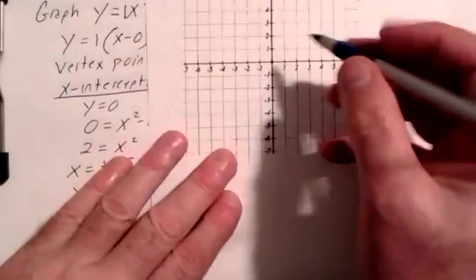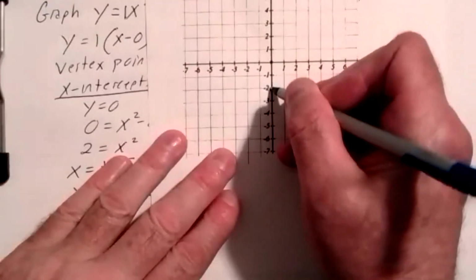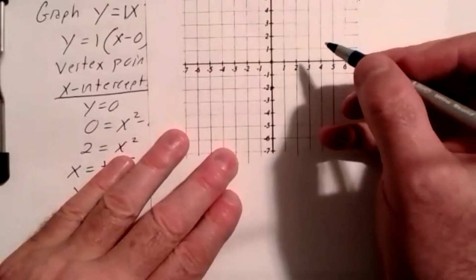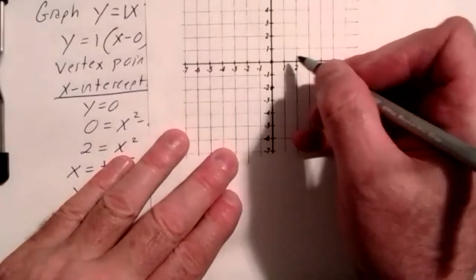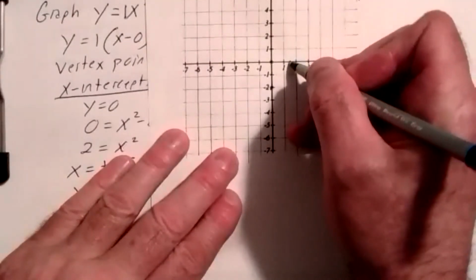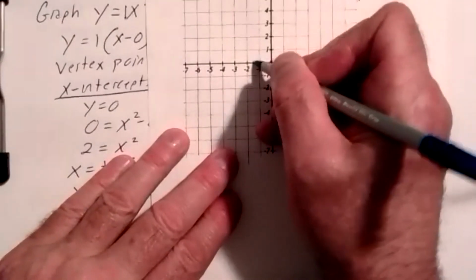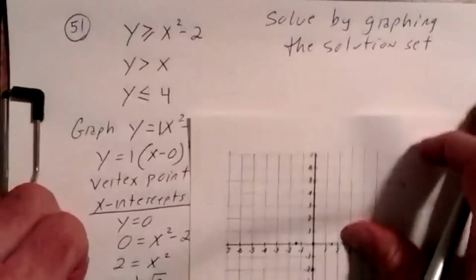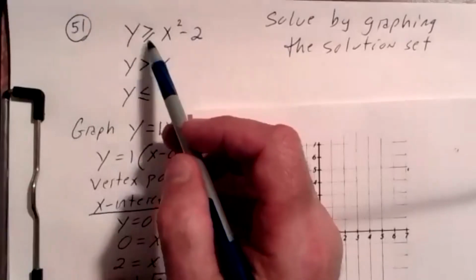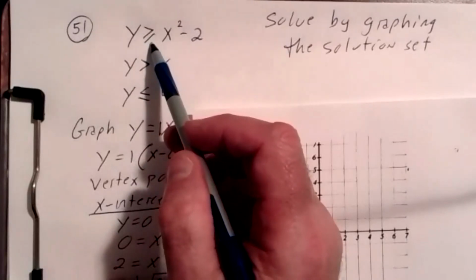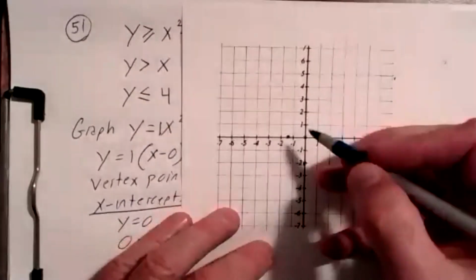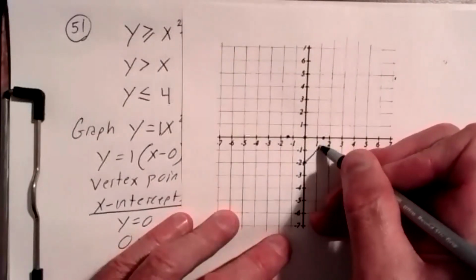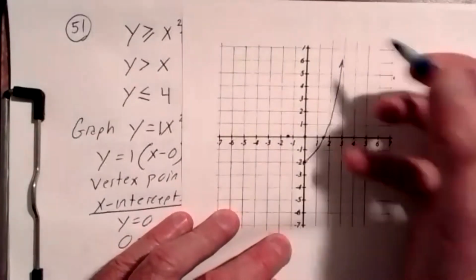So we know the vertex point's at (0, -2). We know the x-intercepts are like 1.414 and -1.414. So maybe right about in here and maybe right about in here. Would I have a solid or a dashed curve, ladies and gentlemen, for my parabola? Solid. So hence we're going to have a solid parabola opening upwards here.